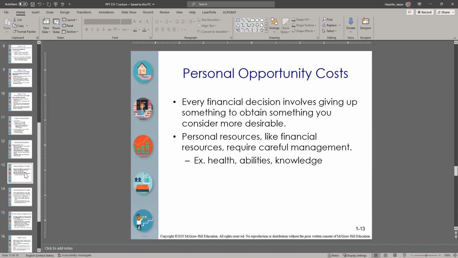Personal opportunity costs. The opportunity cost term comes back up again. Every financial decision involves giving up something to obtain something you consider more desirable. Personal resources like financial resources require careful management. But aside from financial resources, these personal resources are like health, abilities, knowledge.